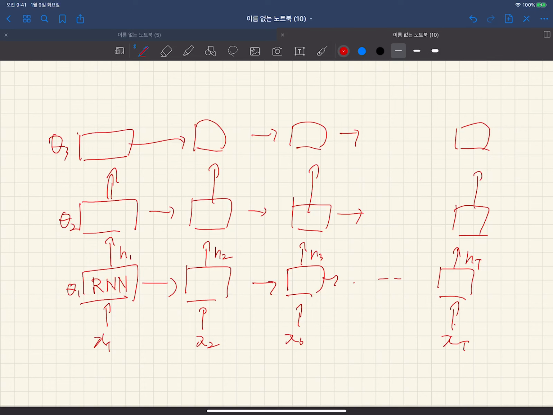Okay. So in practice, many machine translators use this kind of idea, stacking many RNN architectures. But again, this structure is really complicated, and this architecture generates very long paths between input and output.